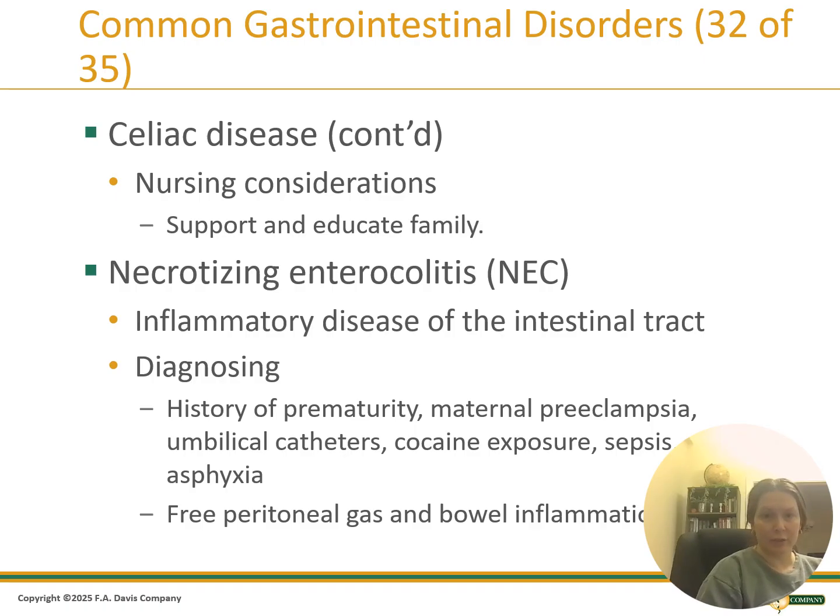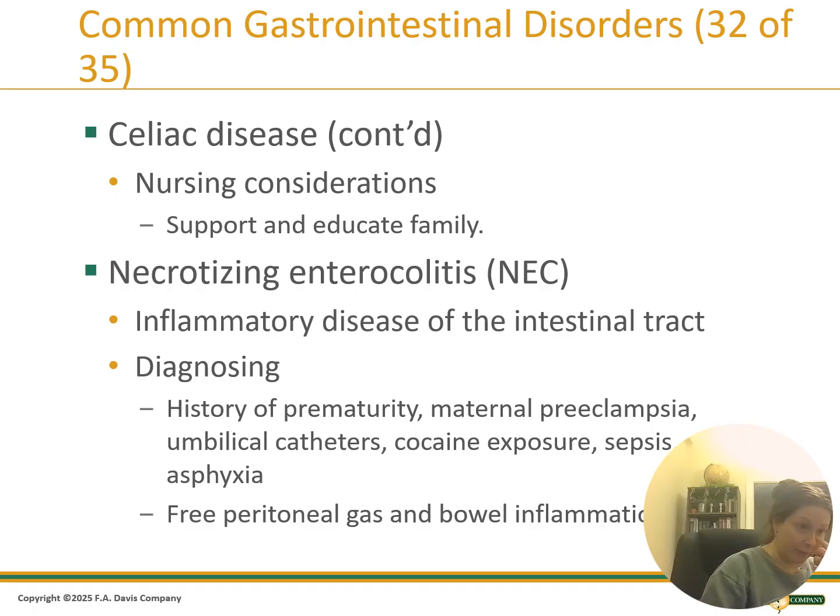So moving on to necrotizing enterocolitis. So this is going to be a pretty serious inflammatory disease of the intestinal tract. We see this a lot with premature and our medically fragile infants. So risk factors would be prematurity, maternal preeclampsia, umbilical catheter use, intrauterine cocaine exposure, any sepsis, and then asphyxia.